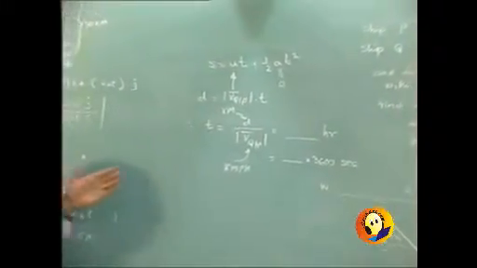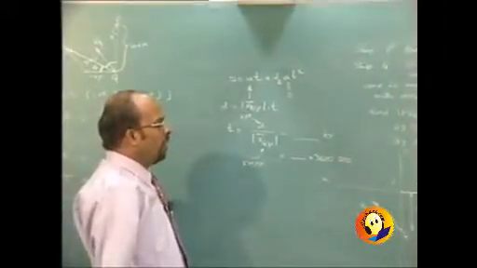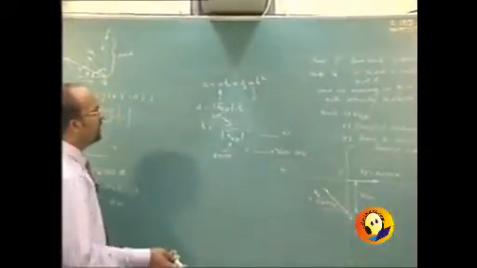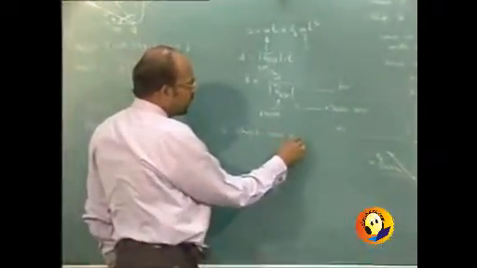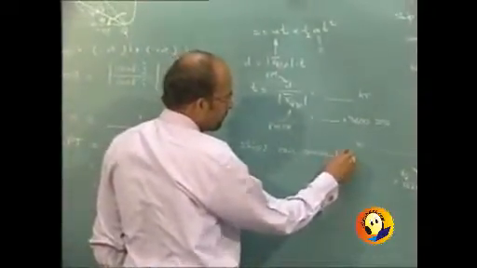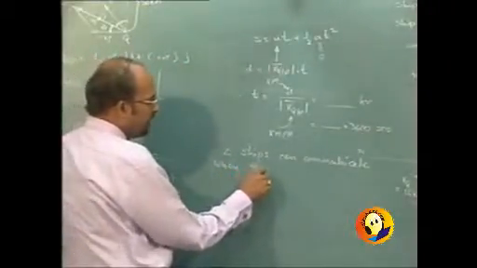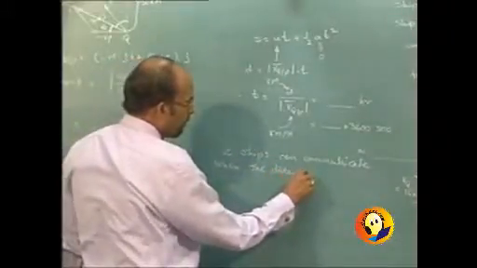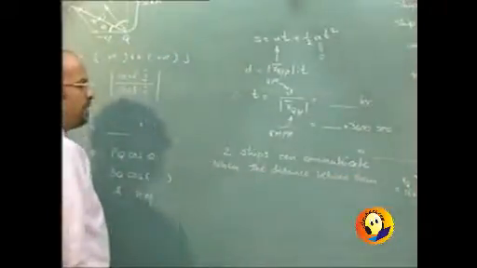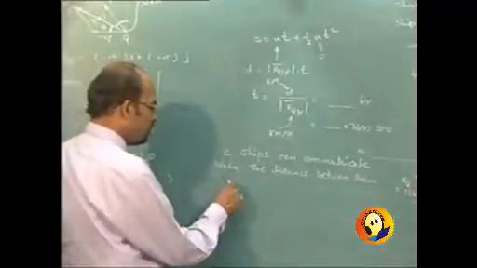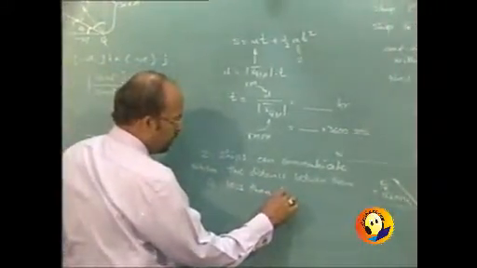And then related to this shortest distance, there are some problems where it is said that the two ships can communicate when the distance between them is less than, say, 27 kilometers.